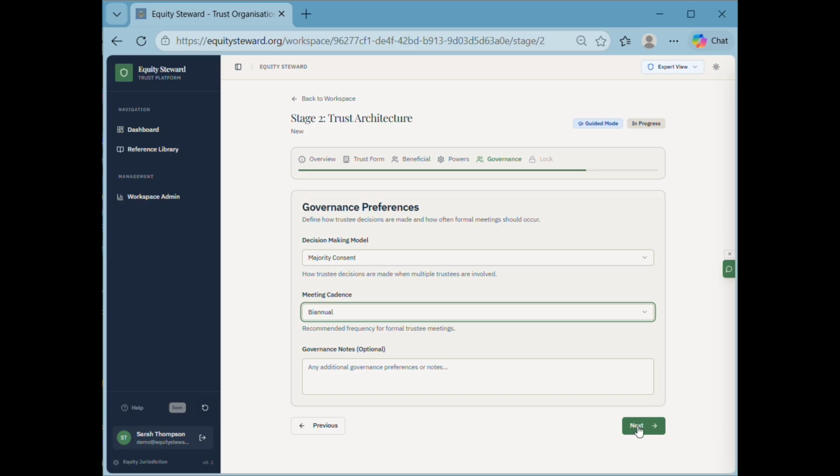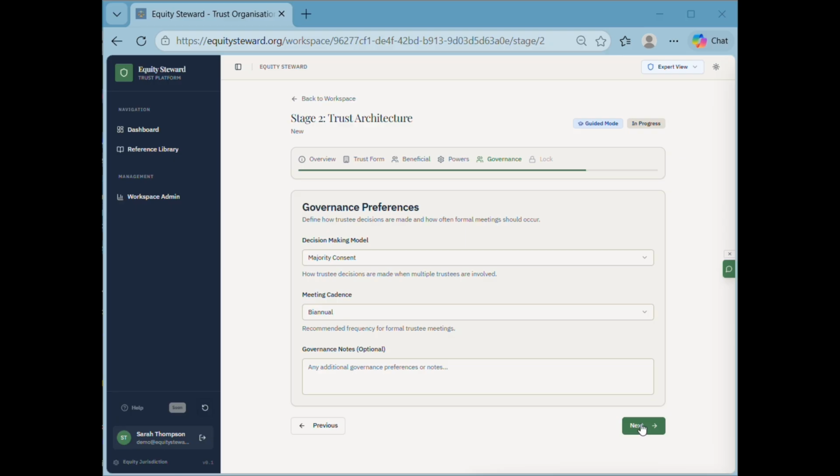This is an important part of disciplined administration. Governance is one of the areas where informal practice often drifts over time. By recording the intended method of governance early, the platform establishes a clear reference point for later conduct. Those governance rules then form part of the architectural context against which future decisions are recorded.